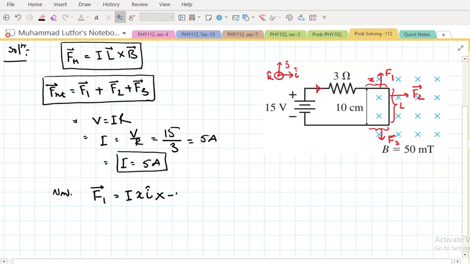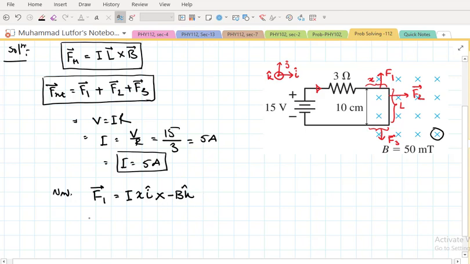I should write minus B k hat, because I chose out of the screen as the positive z direction or positive k hat, so into the screen would be negative k hat. Since the magnetic field over here is into the screen, that's why it is minus B k hat.